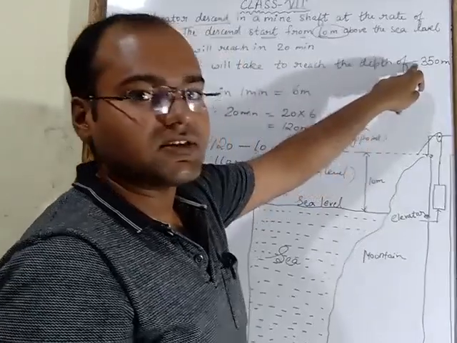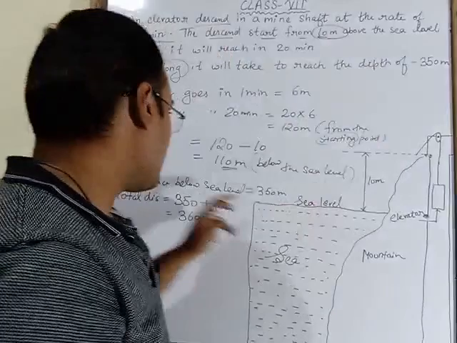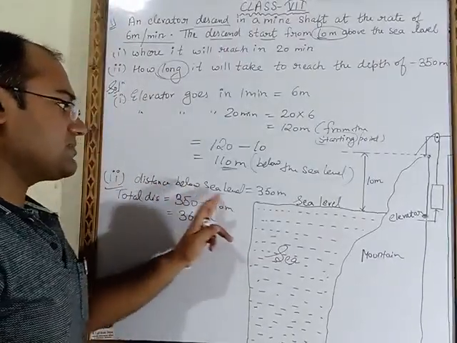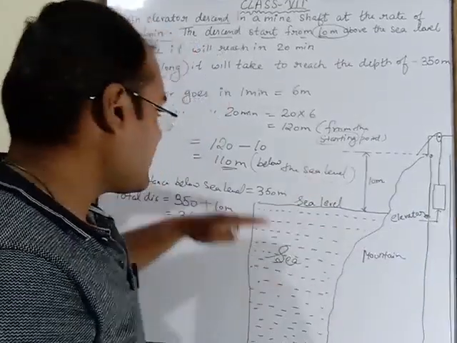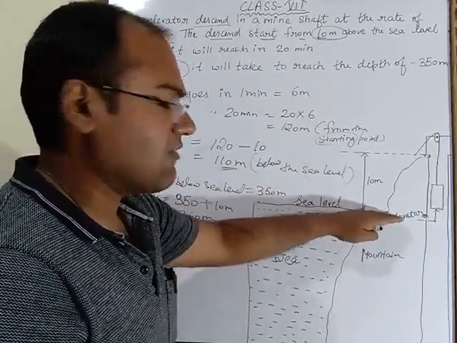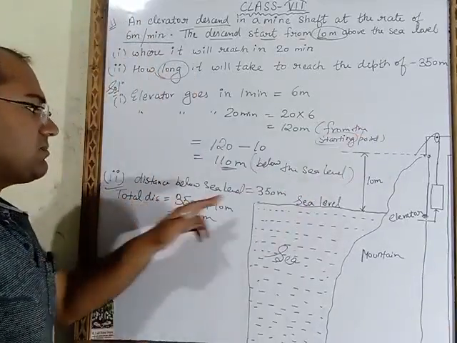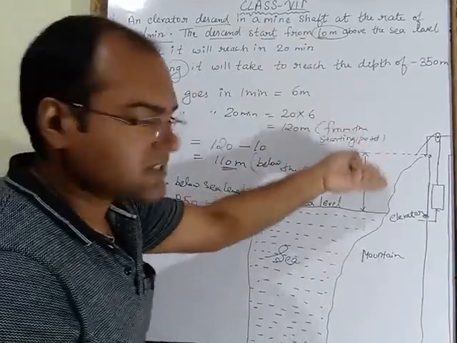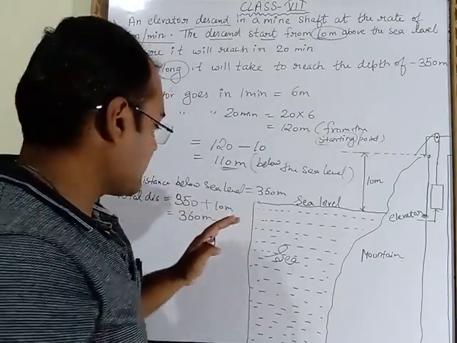The minus sign represents the distance below the sea level. How much distance is there? 350 meter. But mining is not starting from the sea level. Mining is starting from 10 meter above. That's why total distance will be this 350 plus this 10 meter. So total distance is 360 meter.